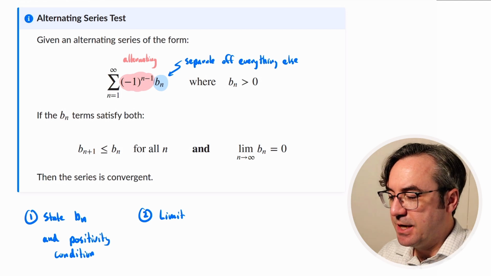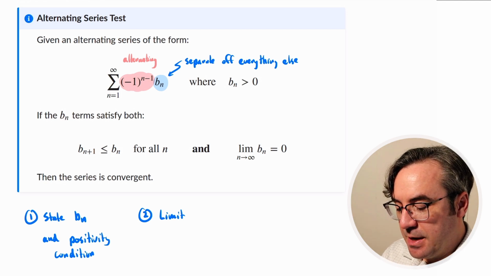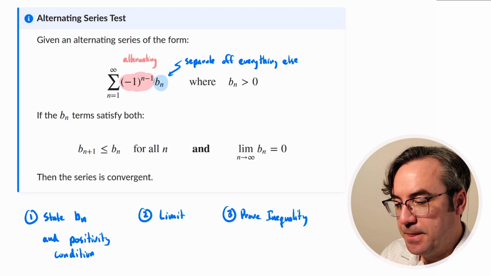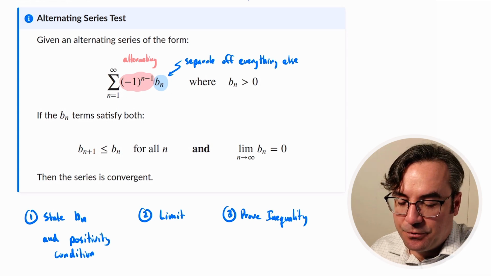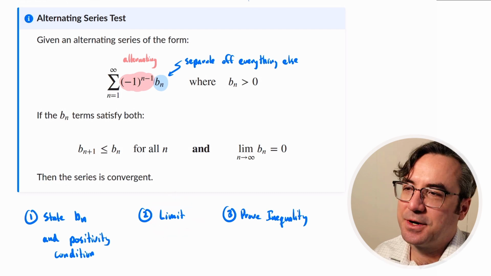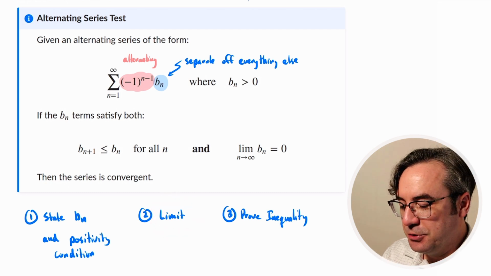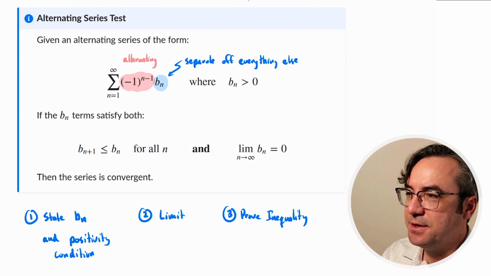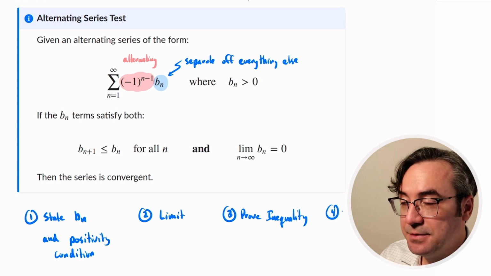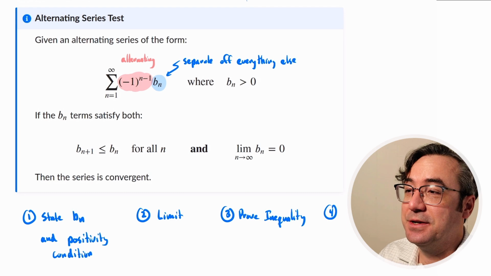So first, second, you want to show the limit. Then you prove the inequality. A lot of times you don't want to go through all the work of proving the inequality and then find out that the limit doesn't work out. So usually it's helpful to do the limit first, then prove the inequality, and then as usual, the last step, actually state the conclusion.